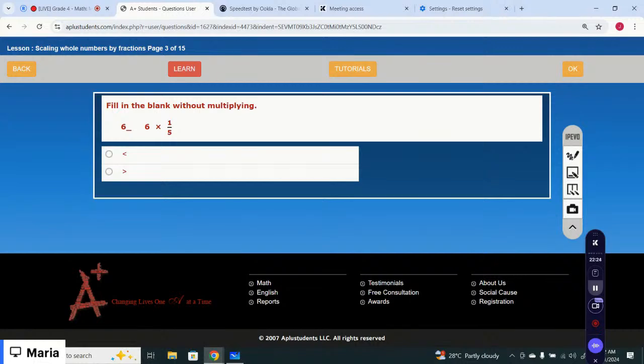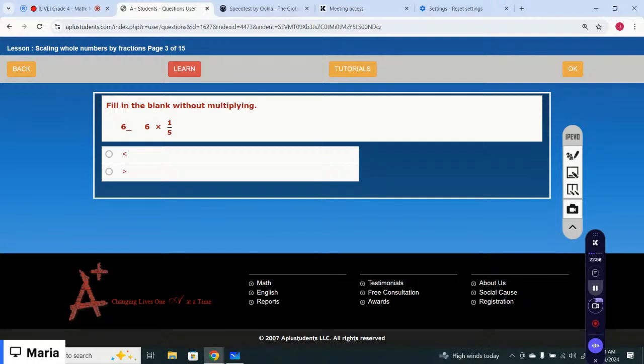Fill in the blank. You have to compare 6 and 6 times 1/5. 1/5 makes 6 times 1/5 smaller than 6, right?